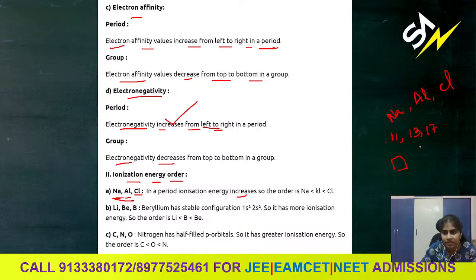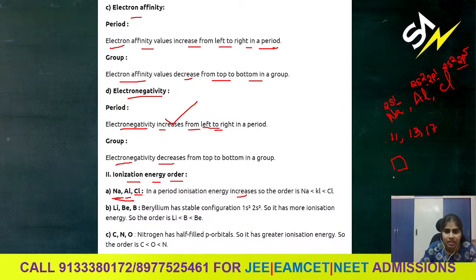This has 3s1, this has 3s2 3p1, this has 3s2 3p5. So in its outermost shell it has 1 electron, this has 3 electrons and this has 7 electrons.